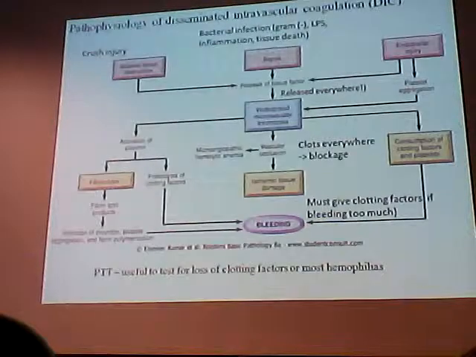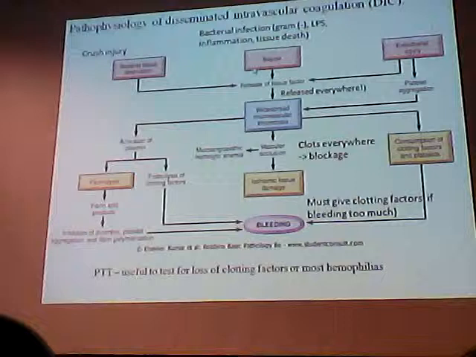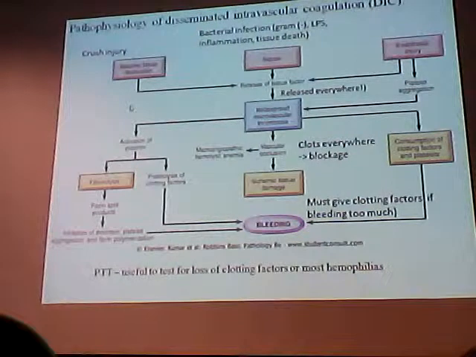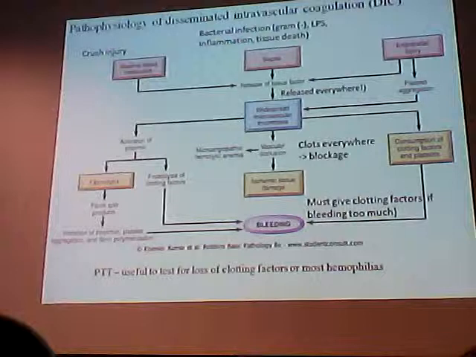Okay. Next, we have DIC, which is disseminated intravascular coagulation. This is a very tricky clinical manifestation to treat because it toggles between too much clotting and too much bleeding. There's a lot of different ways that it can be activated.